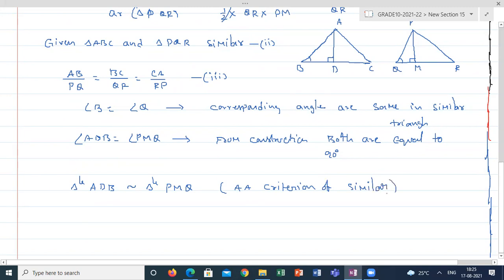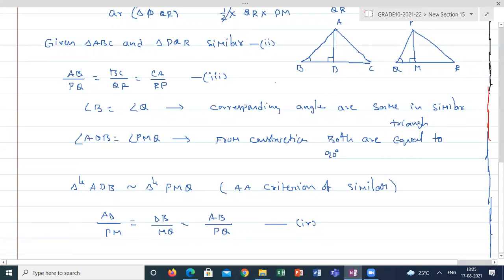Yes, sir. So if ADB and PMQ are similar, what are the corresponding sides? AB by PQ, AD by PM will be equal to DB by MQ will be equal to AB by PQ. Do you agree with me? This is my fourth equation.